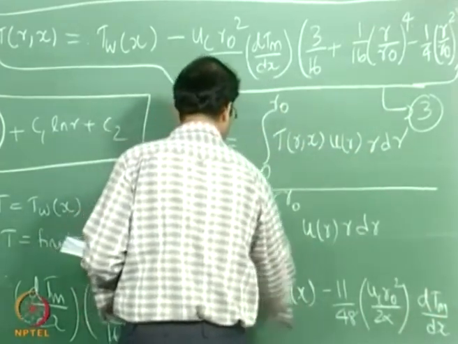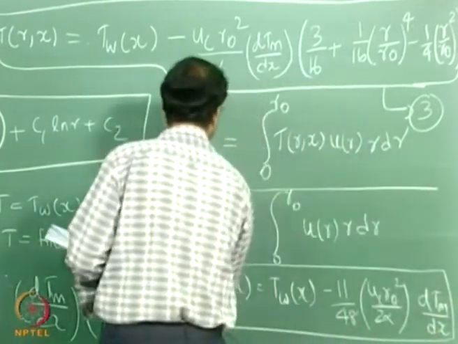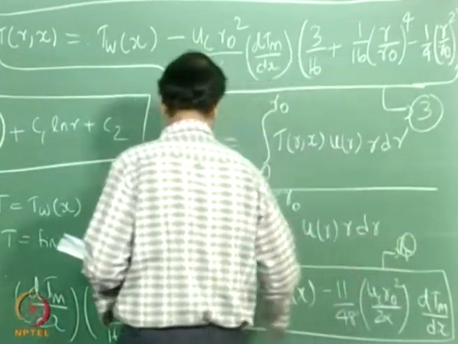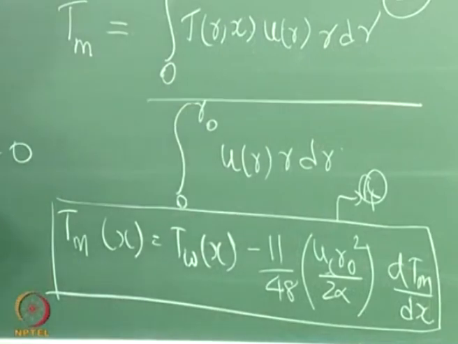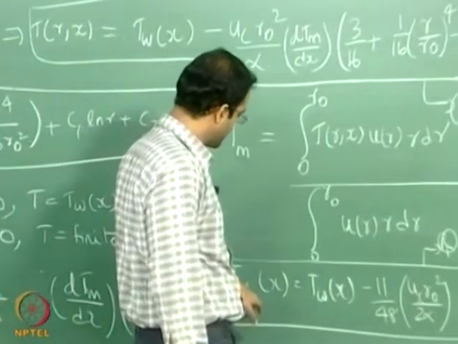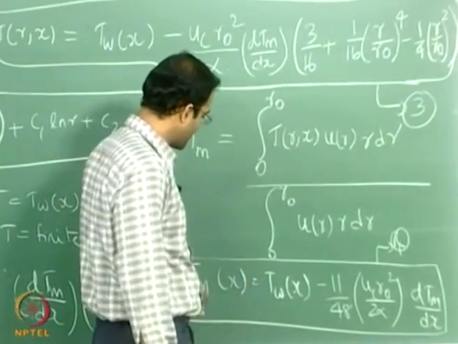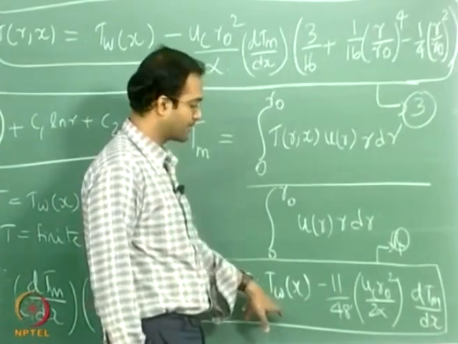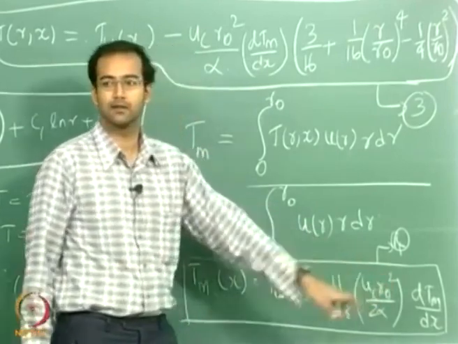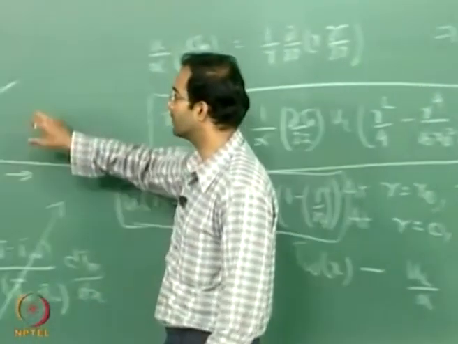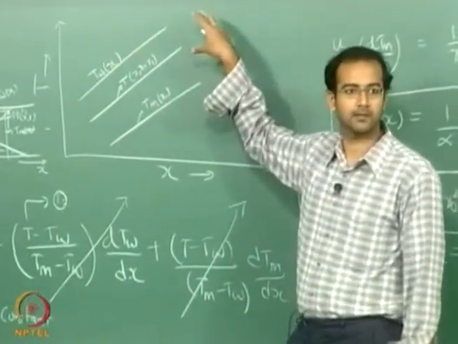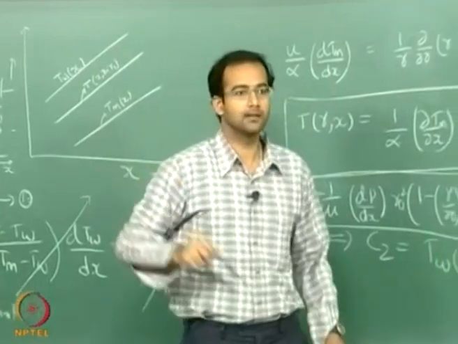Let us call this number 4. This is the variation of mean temperature with respect to x. So you can see your Tm minus T wall is going to be a constant because dTm by dx is a constant. So the difference between the two, Tm minus T wall, has to be a constant.